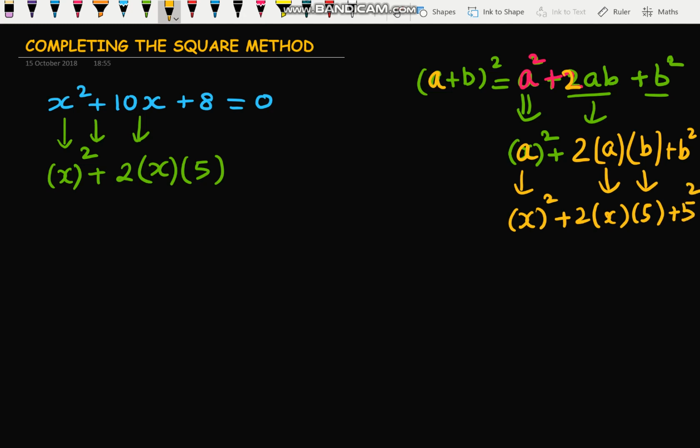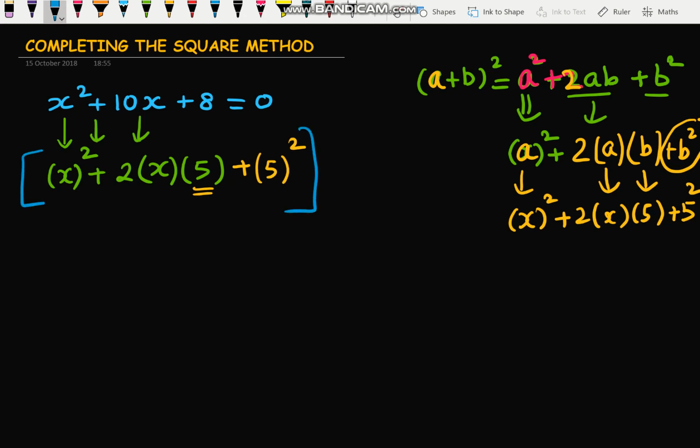So 2 into x is 2x, 2x into 5 is 10x, and last thing what I'm going to do is I'm going to write b square, because the formula needs a b square. Now what is my b in this case? My b in this case is 5. So I'm going to write here plus 5 square. So what have I done? I've completed my identity.